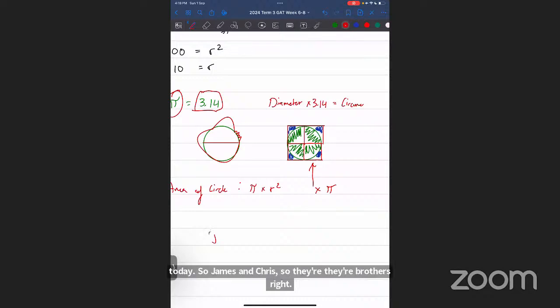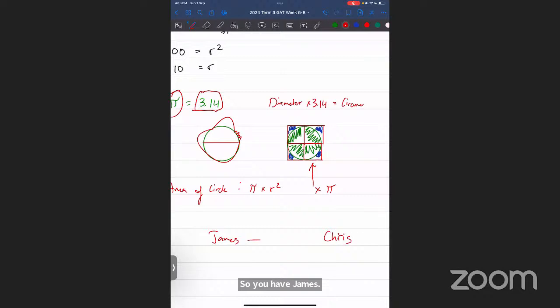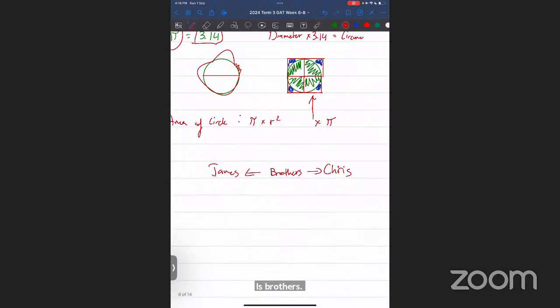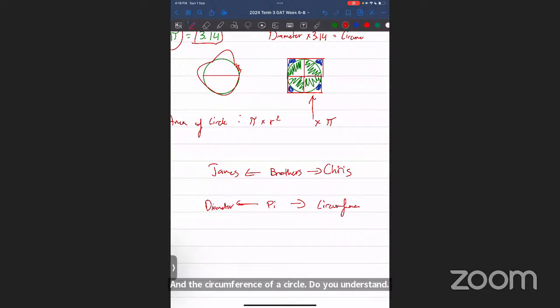The word that describes their relationship is brothers. Similarly, pi is what describes the relationship between the diameter of a circle and the circumference of a circle. Do you understand? I understand. Okay, awesome.